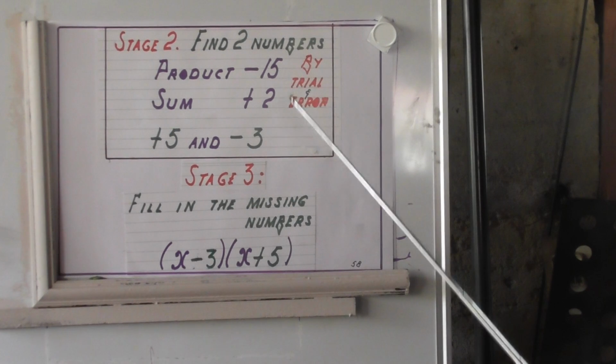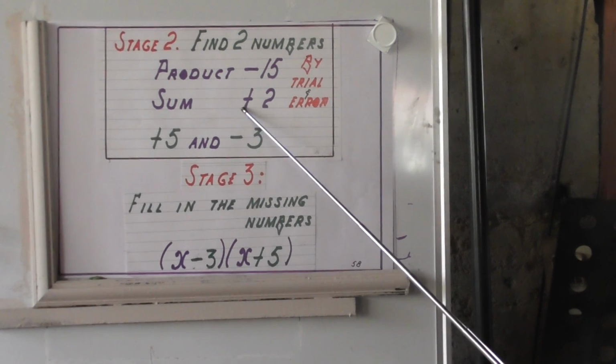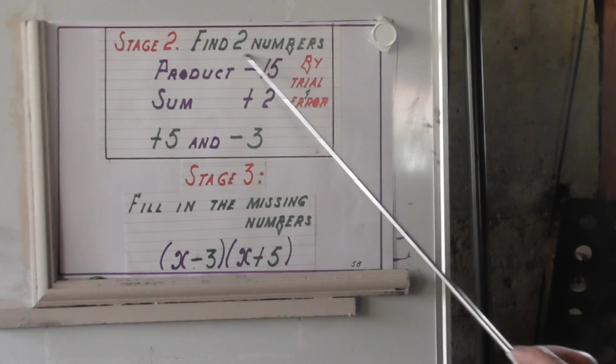So we know we have to play around with 5 and 3. So we have positive 3 and negative 5, or positive 5 and negative 3. But the positives are winning by 2, so this is the clue.